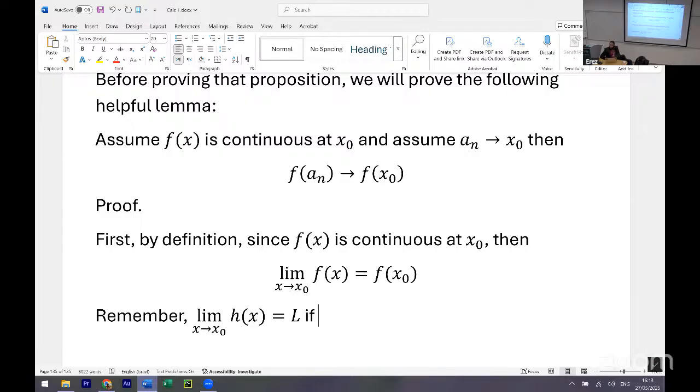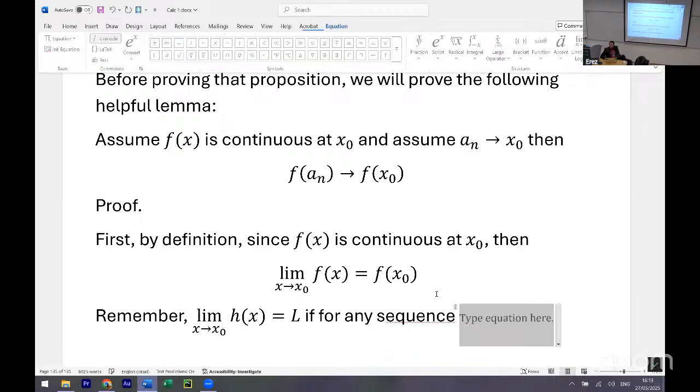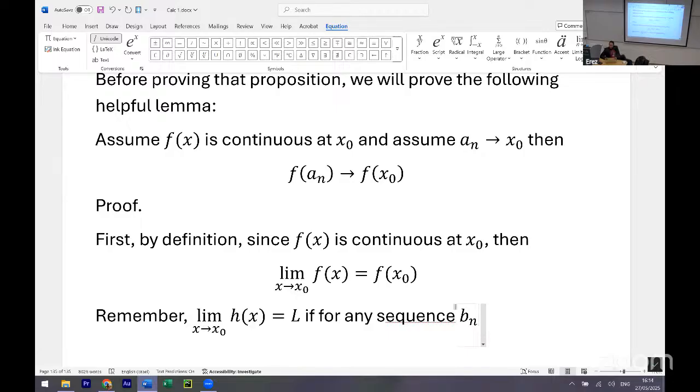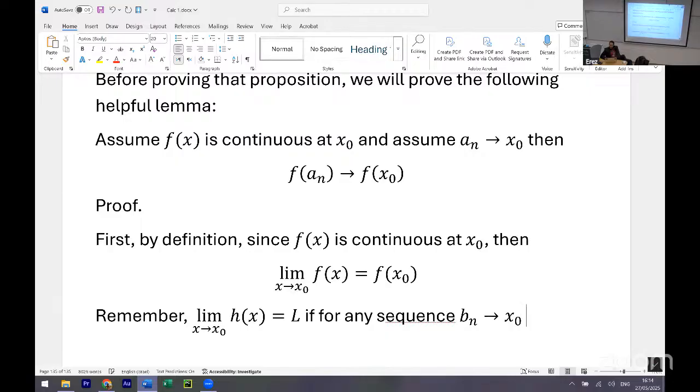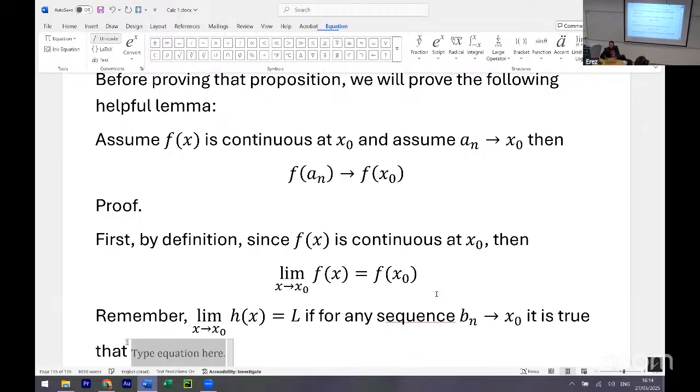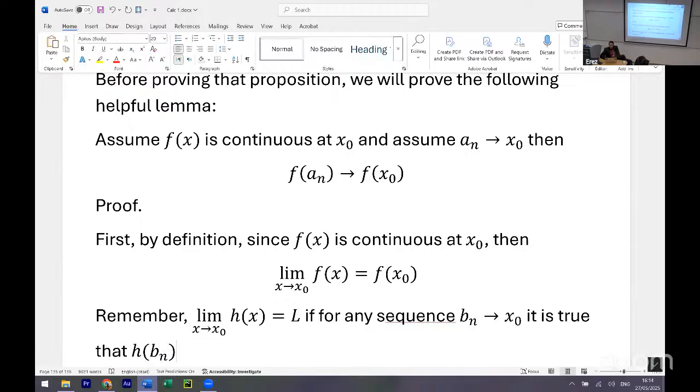Using Heine, if for any sequence Bn approaching x0, h of Bn is approaching f.